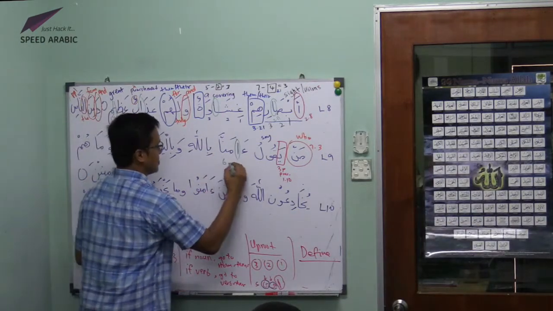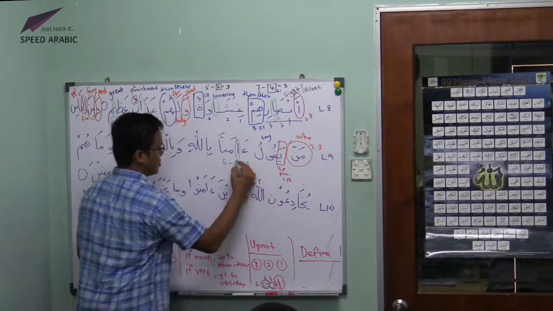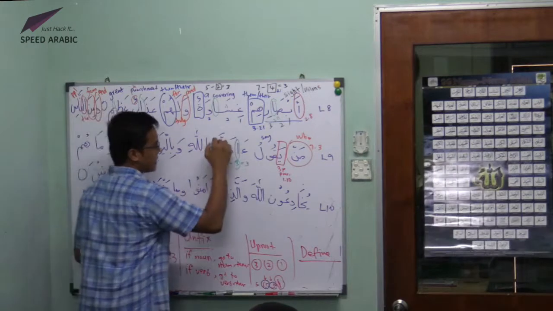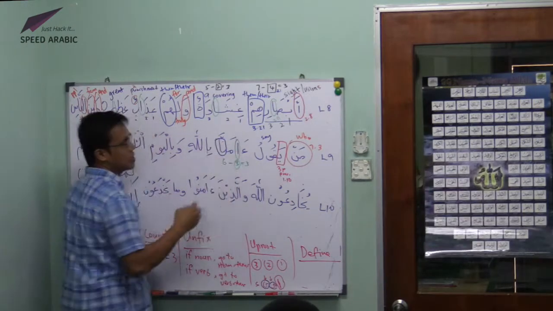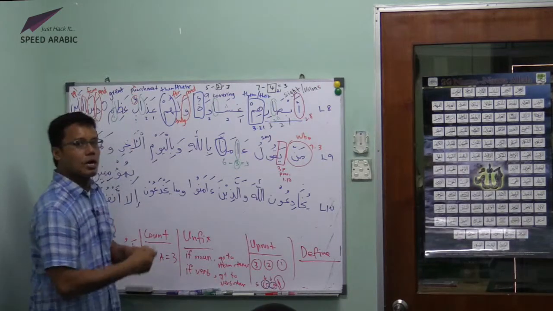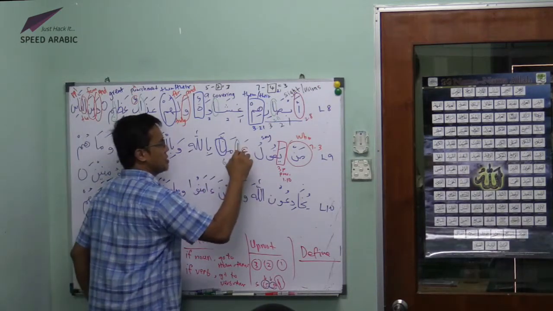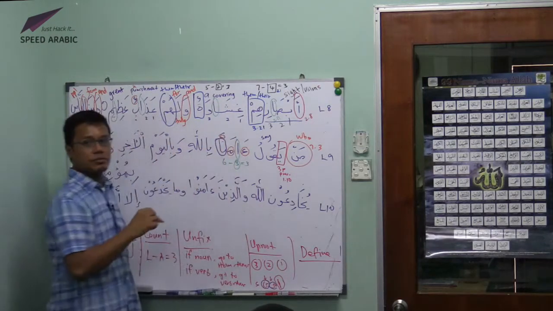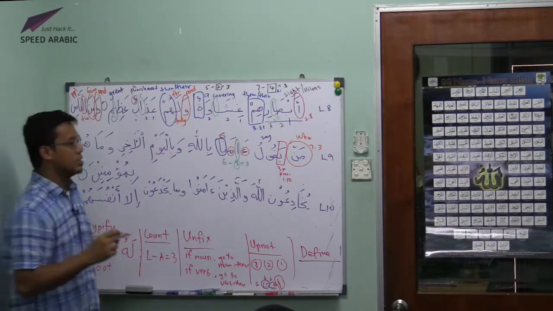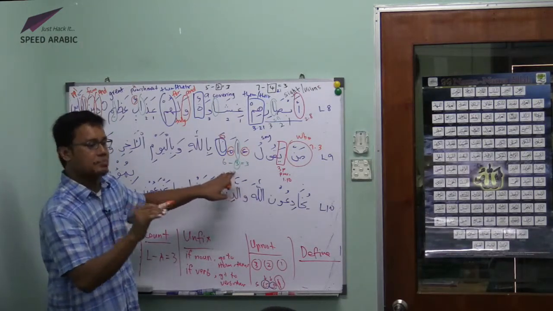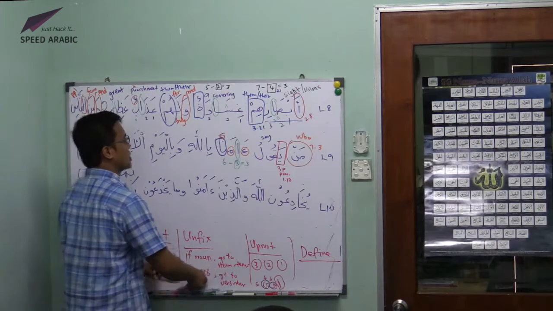You have 6. 2 more. At the back. The na at the back. So what are you left with? You are left with Hamza, Mim, and Nun. See that Nun? The shaddah there? So we have hacked Hamza, Mim, Nun before. Yu'minun. Amana means belief.